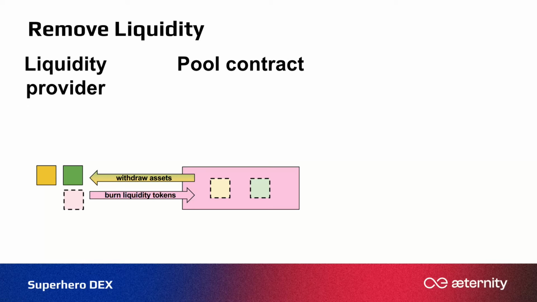Or, if more people contributed liquidity in the meantime, your share of the pool may have shrunk. So at the time that you're returning your liquidity tokens, your pool share will be determined, and X% of the pool liquidity will then be paid out back to you.